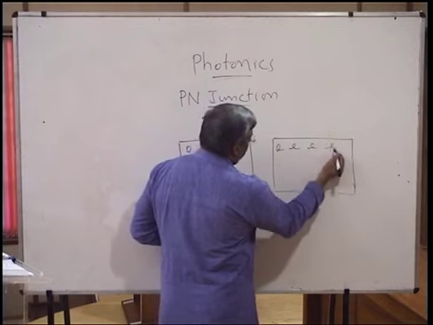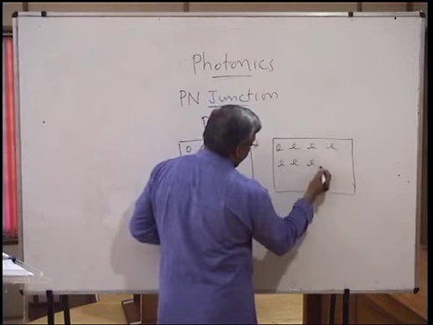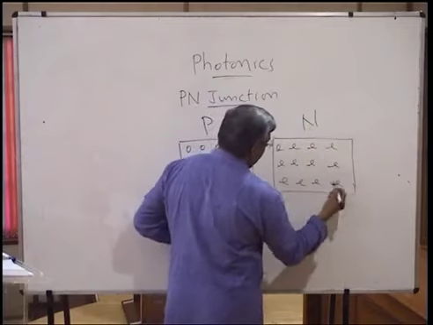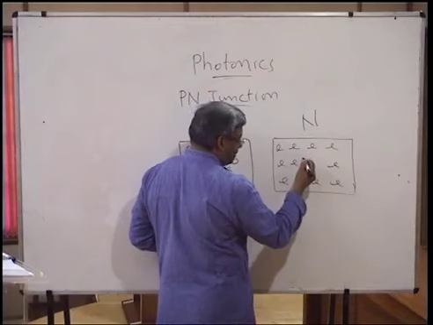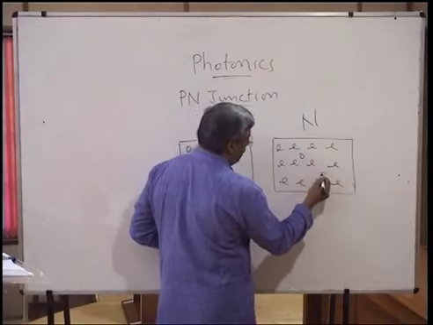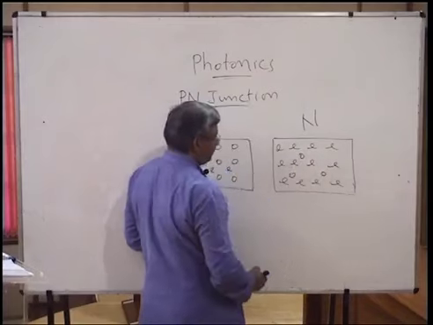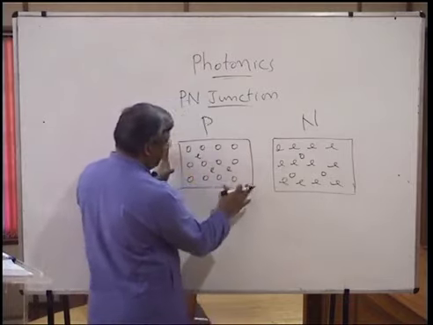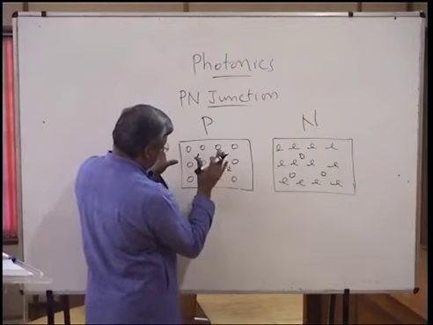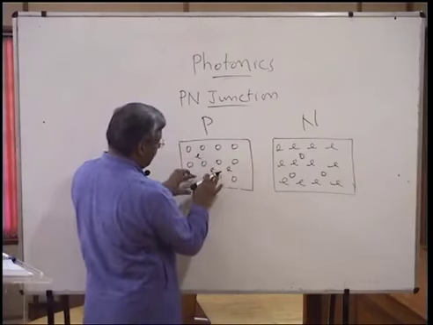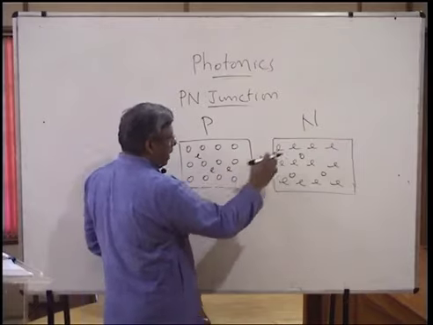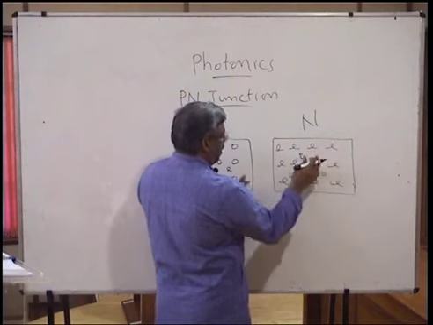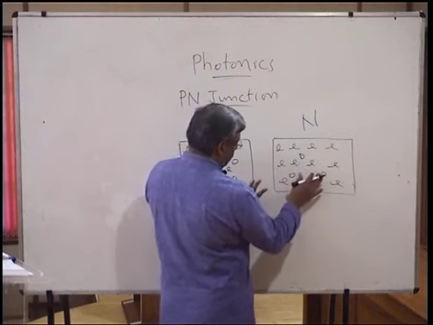So there will be a large number of electrons in this material, which we call n material. And as I've told you, by the excitation of the intrinsic material, you will also have some holes. So we have the definition of p material and n material. P material is a material with majority carriers as holes and minority carriers as electrons. And n material is a material with majority carriers as electrons and minority carriers as holes.